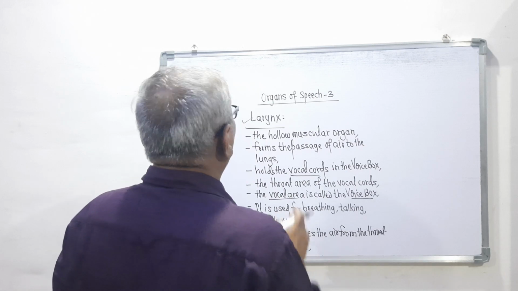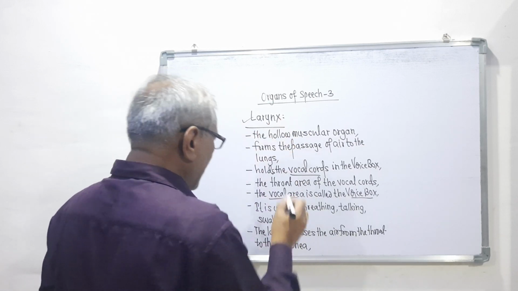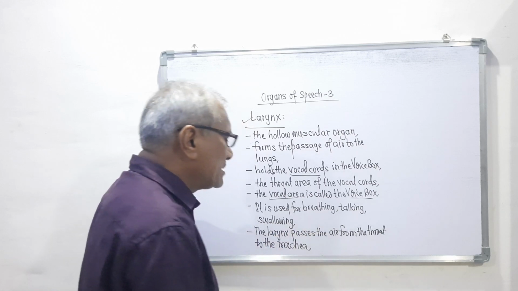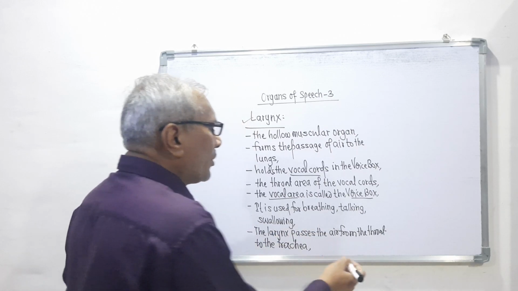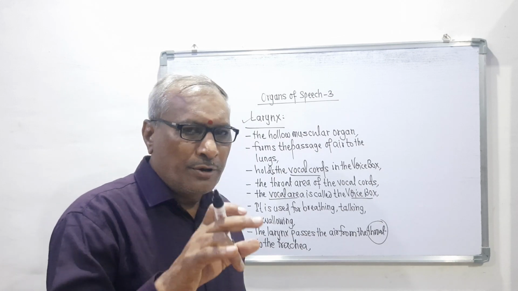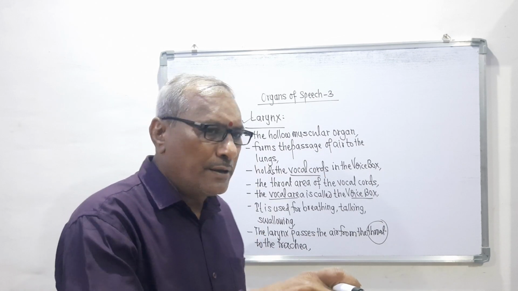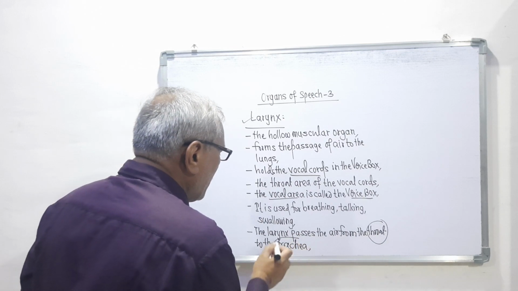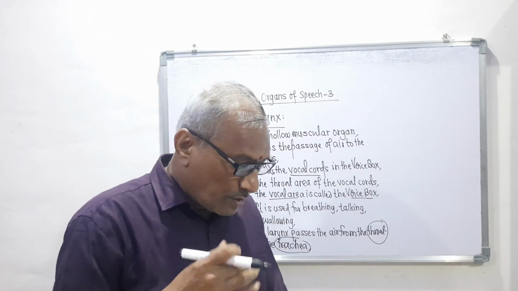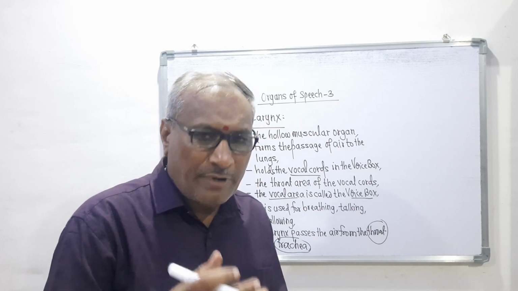It means that now the function of this larynx is that the larynx sends the air from the throat to the trachea, means to the windpipe. Trachea means what? Windpipe.